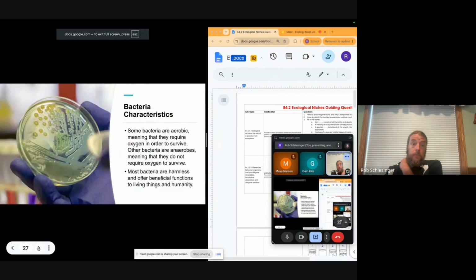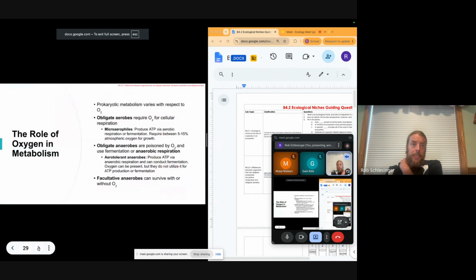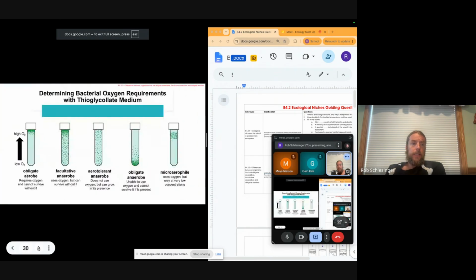So this is the classic image when we think about obligate aerobes, facultative anaerobes, and obligate anaerobes. But what does this mean? We have bacteria within this vial, establishing colonies that we can see with our naked eye, and it depends on how close they are to oxygen.